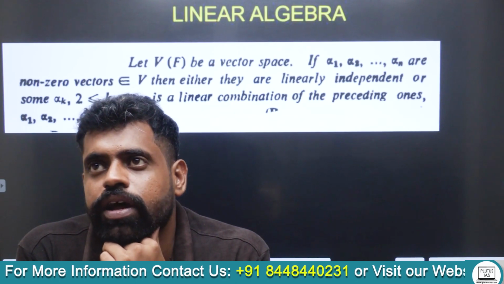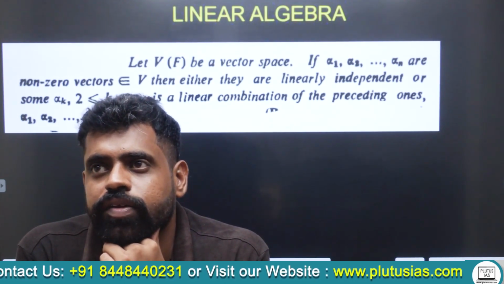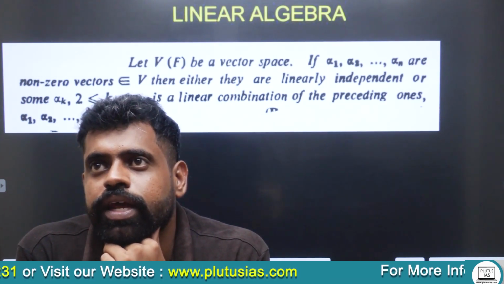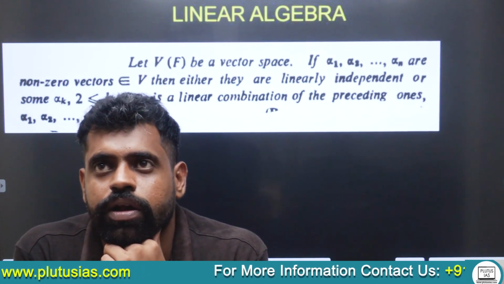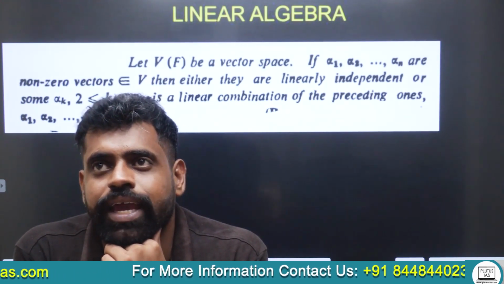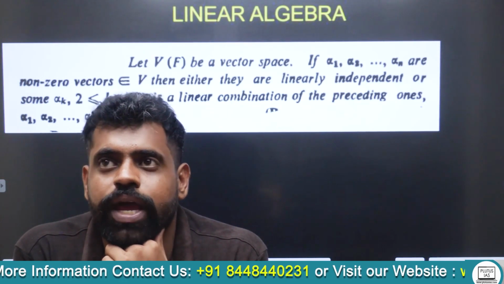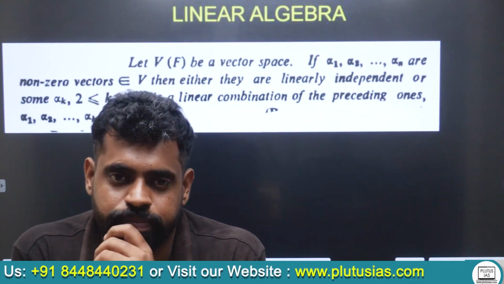If alpha 1, alpha 2, up to alpha n are non-zero vectors, then either they are linearly independent or for some alpha k, where k belongs from 2 to n, it is a linear combination of the preceding ones.